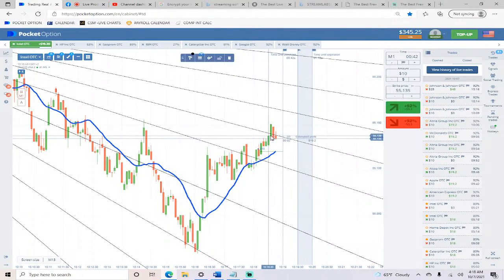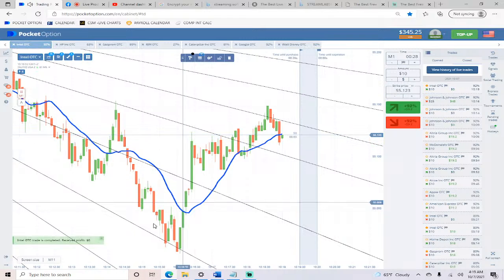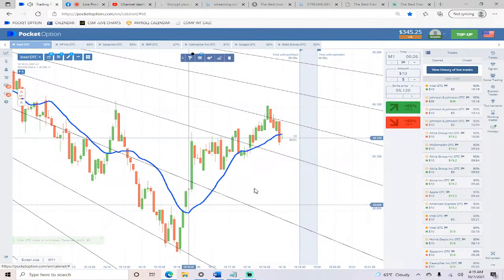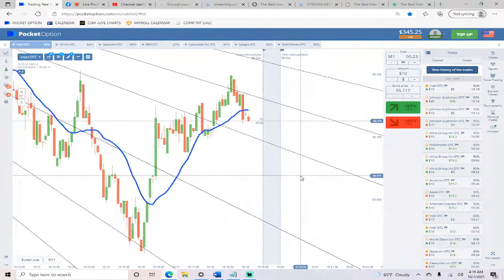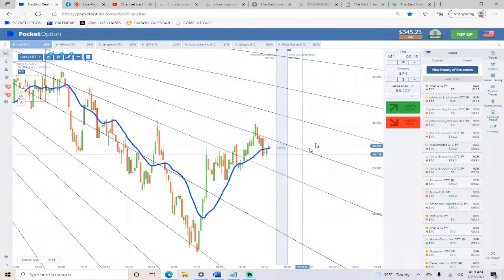That's not a good signal. Bouncing off of here right before. We might have enough momentum to get up. That's okay. Remember, all our confirmations are telling us it's going to go up. We just need to find the best entry.